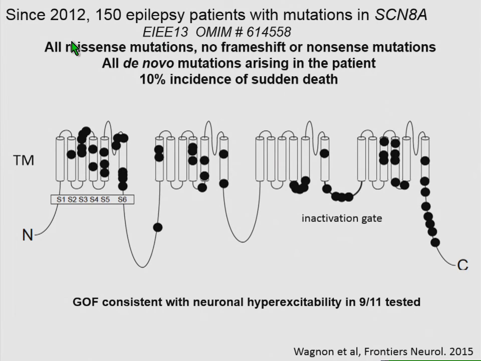And all of these mutations are missense. There's no loss of function mutations. And all of them are de novo, arising in the affected child. And in these children, there's a 10% incidence of sudden death. We've done some functional testing of 11 of these mutations, and 9 of the 11 clearly showed aspects of hyperactivity in transfected cells.